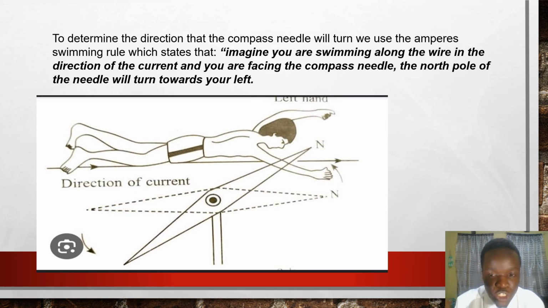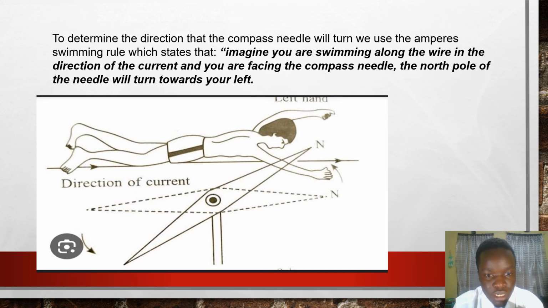To determine the direction of the compass needle, we'll use Ampere's swimming rule, which says: imagine you are swimming along the wire in the direction of current and you are facing the compass needle. The north pole of the needle will turn towards your left. As in the picture, you can see the swimmer is swimming forward. The arrow shows the direction of current, and this is the compass needle.